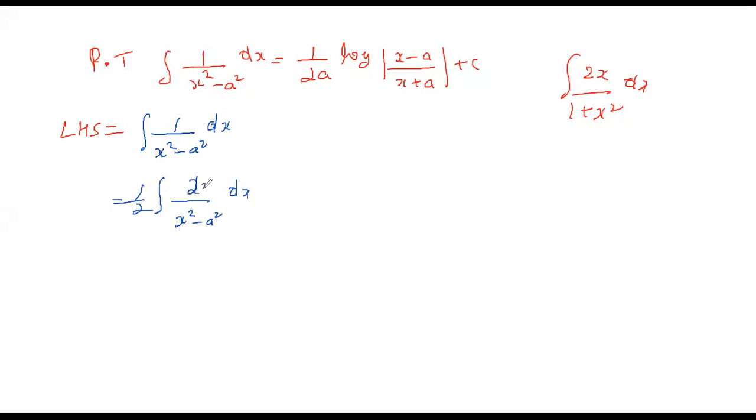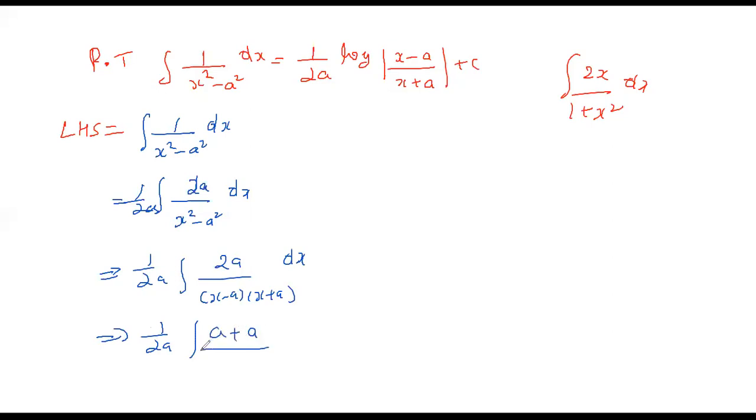Write it down if you want. I multiplied and divided by 2a. Next, 1 by 2a into the integration of 2a divided by x square minus a square, which I'm writing as x minus a into x plus a, into dx. Now I'm writing 2a as a plus a divided by x minus a into x plus a dx.